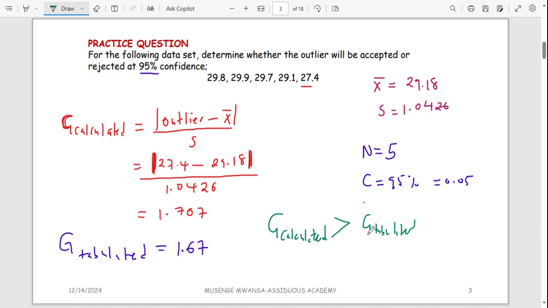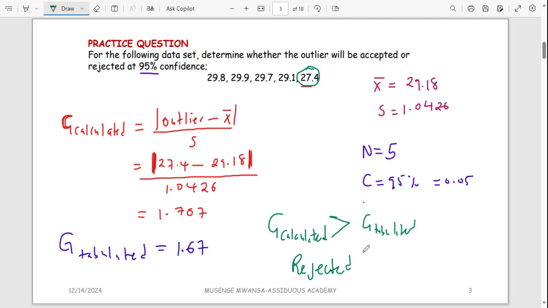G calculated is greater than G tabulated. Every time what you have calculated is bigger than what is on the table, it means that there is a significant difference and that value is going to be rejected. So therefore, there is a significant difference between the outlier and the other values. Therefore, we're going to reject the outlier.